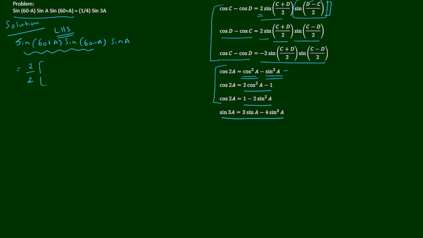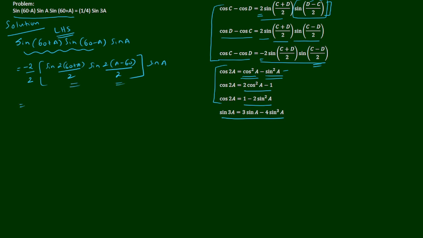What I really wanted to do, let me be clear: sine 2 multiplied by 60 plus a divided by 2, sine 2 multiplied by a minus 60 by 2, and there is a residual minus here, and then comes sine a. So now you can see I got the minus out and made it look like c plus d by 2, c minus d by 2.